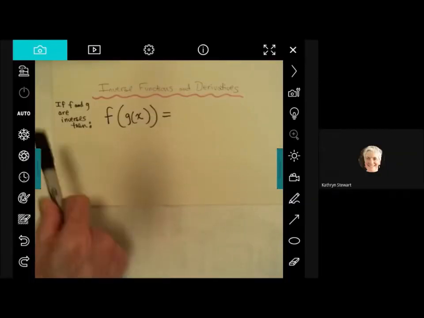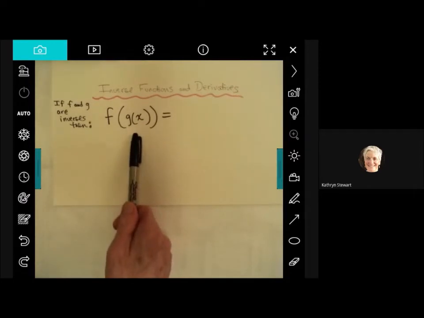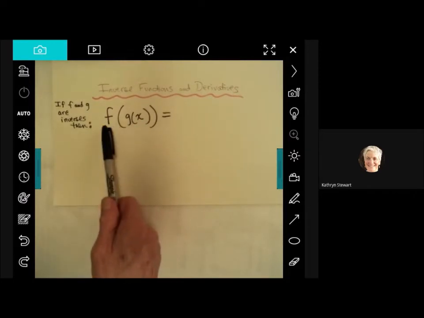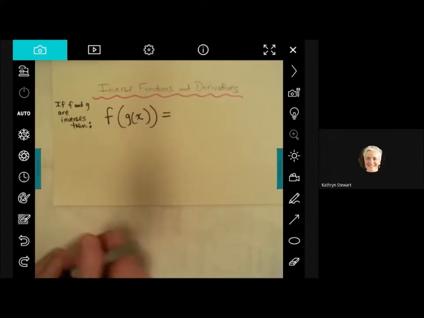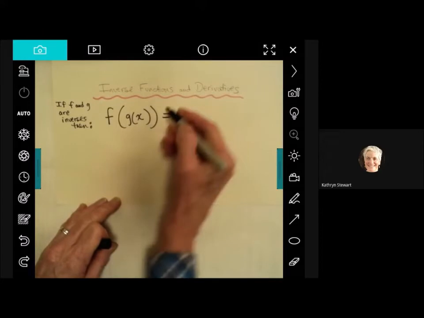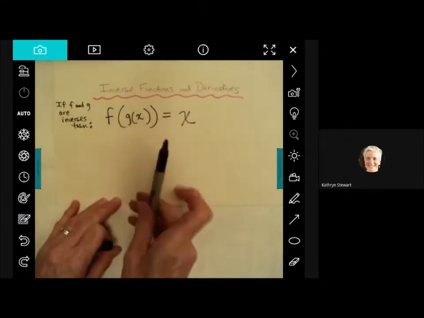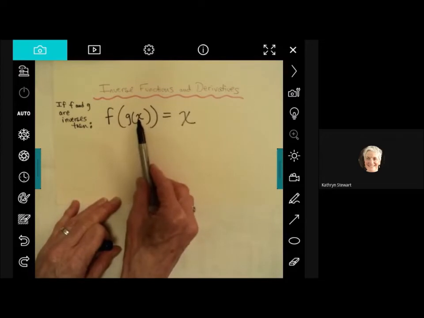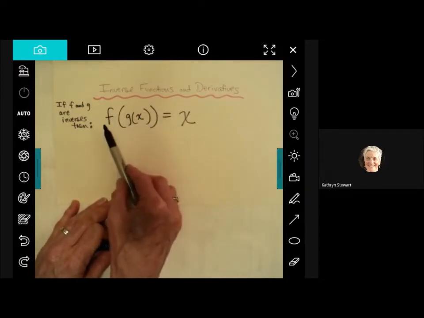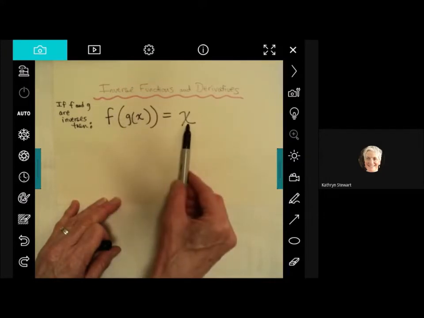So here we go. If f and g are inverses, then there's something very cool about their composition. If you take the composition of a function with its inverse, whatever you put in, you're going to get out. Think about this for a moment. If I put in an x, g will turn it into something else, and then f will undo whatever happened, and I'll end up where I began.